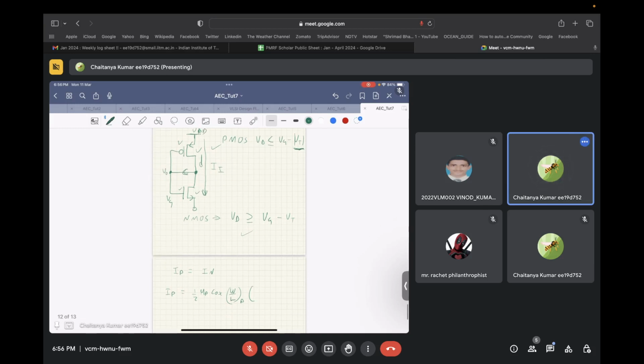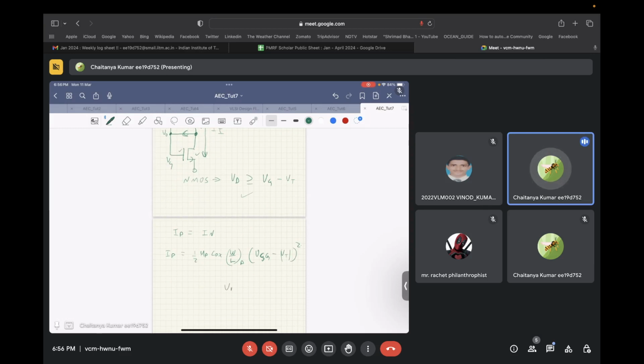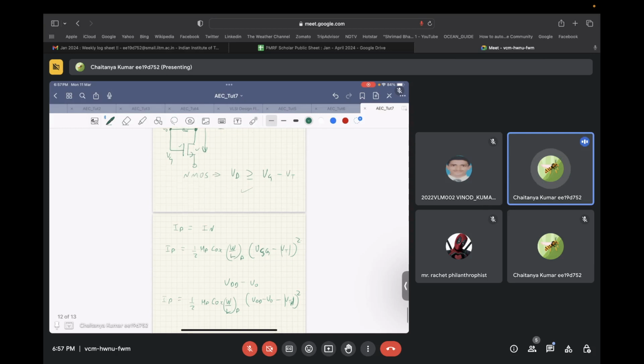And the source-gate voltage is basically, as you pointed out, VDD minus V naught. So we have IP equal to half mu P Cox W by L of P times VDD minus V naught minus modulus of VTP, whole squared.